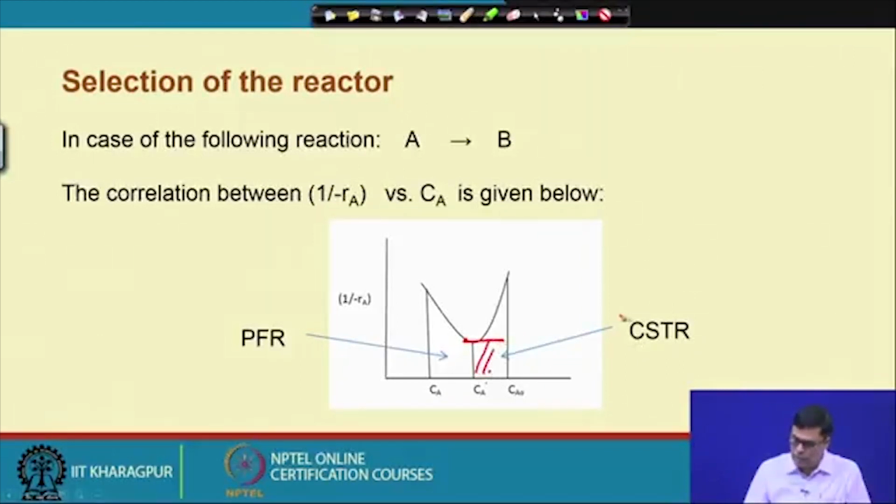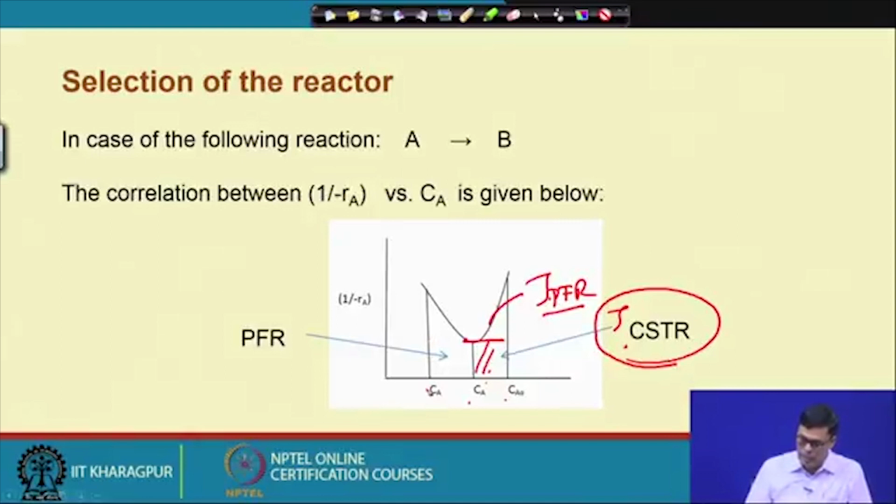Tau CSTR, am I right? This is tau CSTR, but the total area here will be tau plug flow reactor. So, from C A 0 to C A dash, our tau CSTR will be much less than tau plug flow reactor. So, our preference should be tau CSTR.